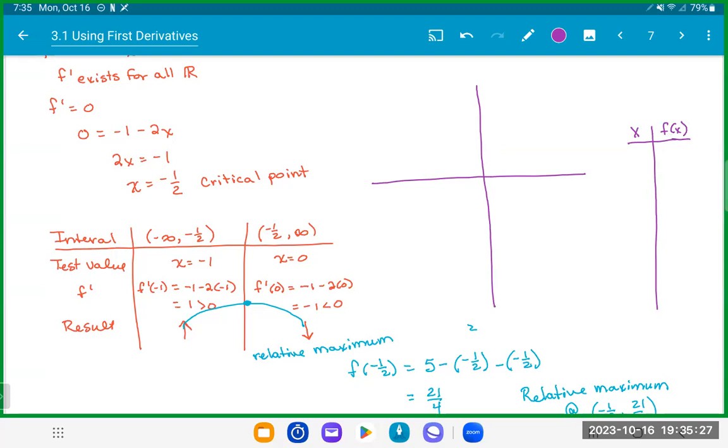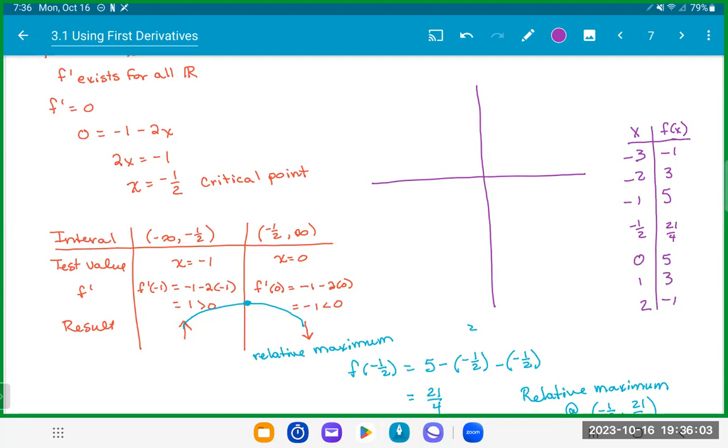We know that our critical point is this -1/2, and that occurs at 21/4. So let's get a couple of points on either side of it. We could look at -1, -2, -3. We can also look at 0, 1, and 2. When we plug those into our original equation, we end up with -1, 3, 5, 5, 3, -1.